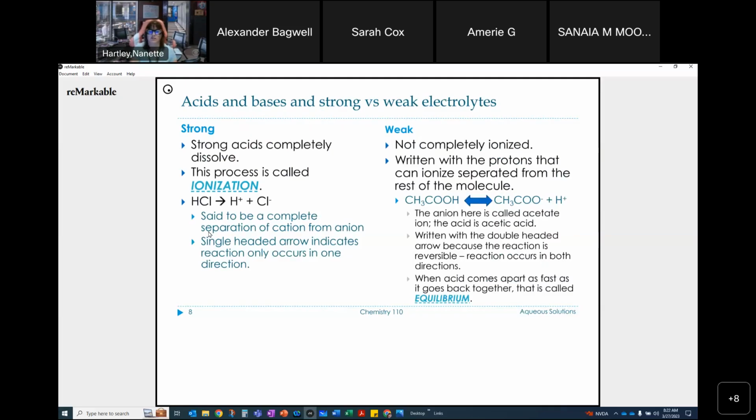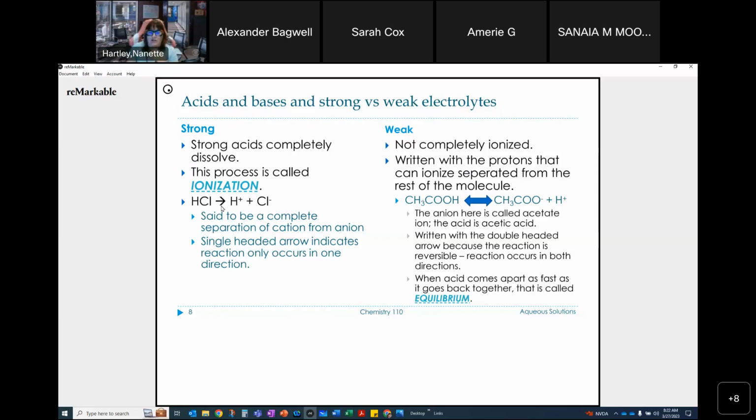And the concentration of HCl is actually not anything. It's zero because it's completely dissociated. So it's a complete separation of the cation and the anion. And that's why this single-headed arrow is here, because that reaction only goes in the forward direction. We don't have H+ and Cl- coming together in water to make HCl again. That does not happen.